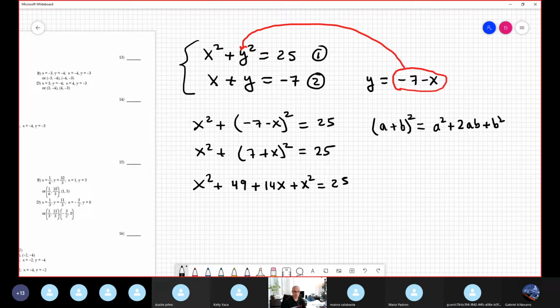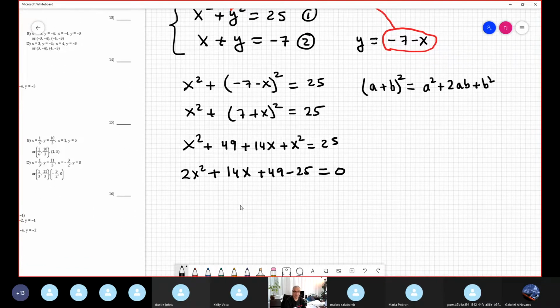Okay, now this looks like a quadratic equation. I want to combine like terms and organize it in the standard format for a quadratic equation. So x squared plus x squared is 2x squared, plus 14x plus 49 minus 25 equals 0, because I know very well that for solving a quadratic equation the right-hand side must be 0. And 49 minus 25 is 24.